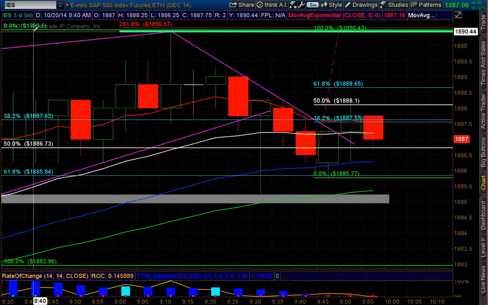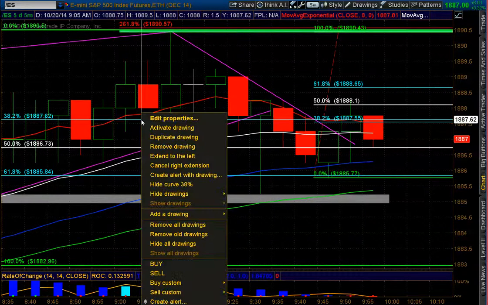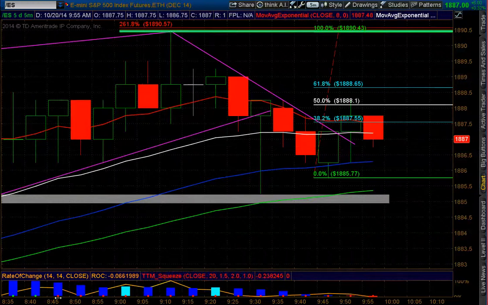Now there can be a series of these Fibonacci retracements. Let me get rid of this previous one. Okay, so now we just have the smaller one. And one of the big things that I learned when I was a day trader, you have to have tremendous patience. And it's hard to do because we want to make money.